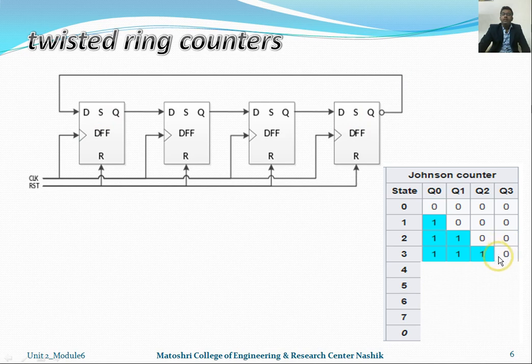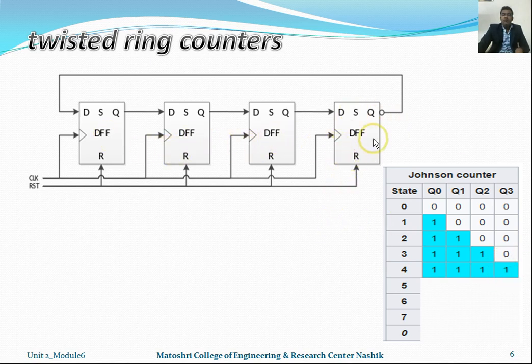Up to the first 4 clocks, the stored value of Q3 is 0, and we take the complement of that 0 as 1, so this 1 is stored in flip-flop 0, flip-flop 1 and flip-flop 2. But at the fourth clock pulse, all the flip-flops now store the value 1.